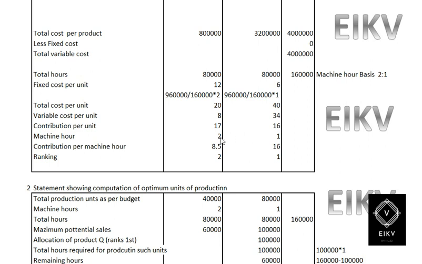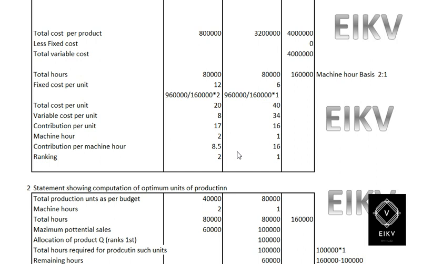Machine hour, as we have discussed, is 2 and 1. When we divide the contribution by the machine hour, we get the contribution per machine hour, that is 8.5 and 16.